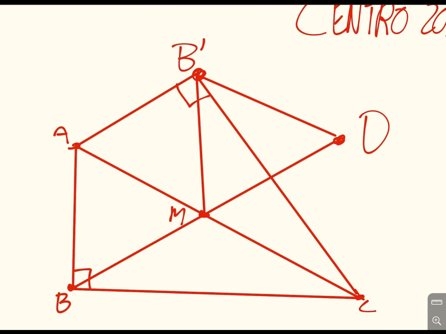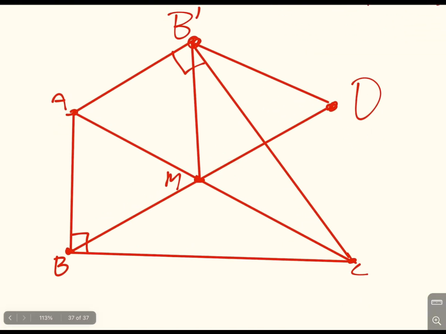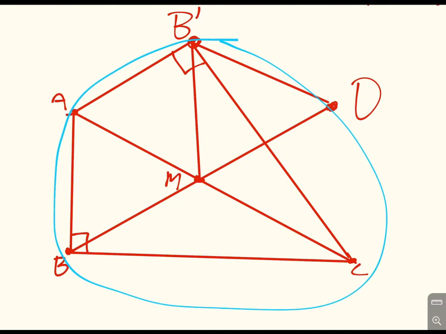So first things first, what we can note is that quadrilateral AB prime CB is a right kite, right? So this would imply that it is cyclic because angle ABC is supplementary to angle AB prime C. So these 4 points, A, B, C and B prime, all lie on a circle.